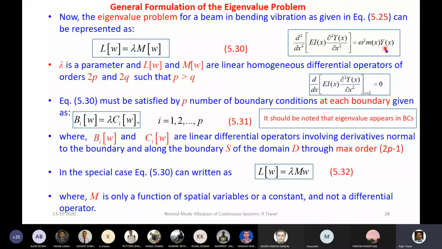W is anyway capital Y(x). So this is a special case of the eigenvalue problem in which the M operator is only a function, because M can be a function of x, or it can be a constant, but it's not a differential operator. And in most cases, we'll see that our eigenvalue problem for the beam case and other cases will fall in this particular special category.